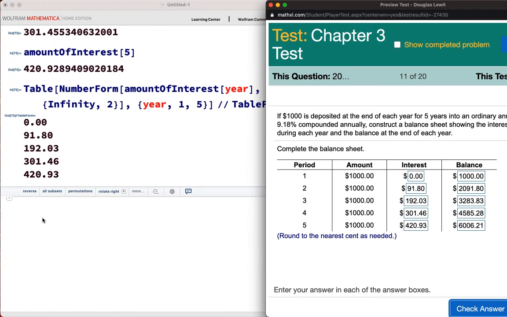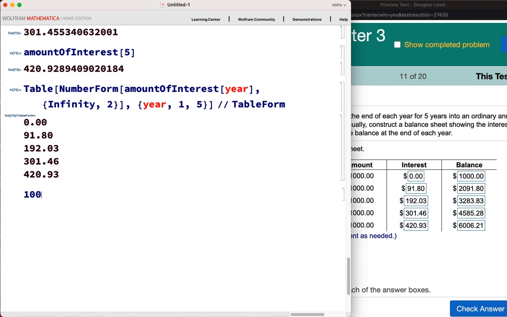And here's the reason why. So I start out with $1,000 plus $0 in interest, okay, plus another $1,000 plus $91.80 in interest, plus another $1,000 plus $192.03 in interest, plus another $1,000 plus $301.46, plus another $1,000 plus $420.93.